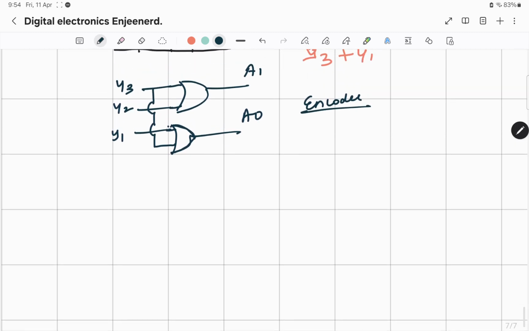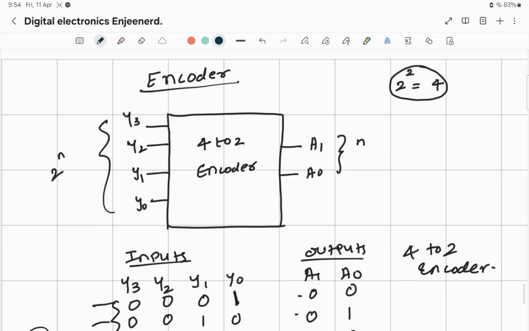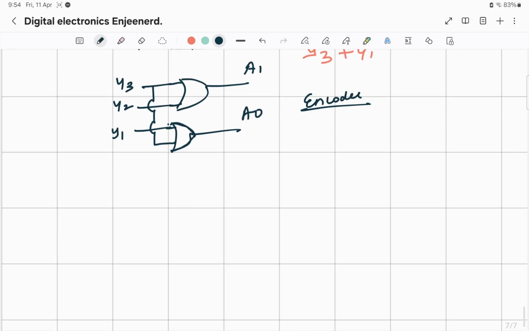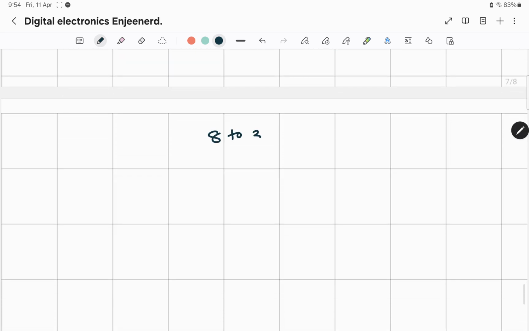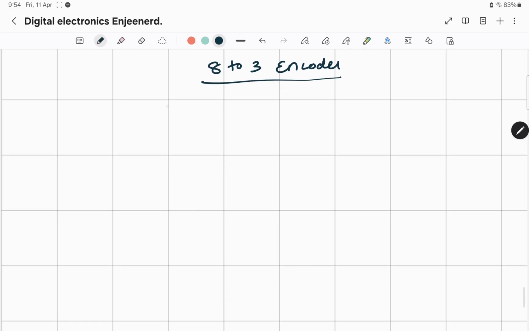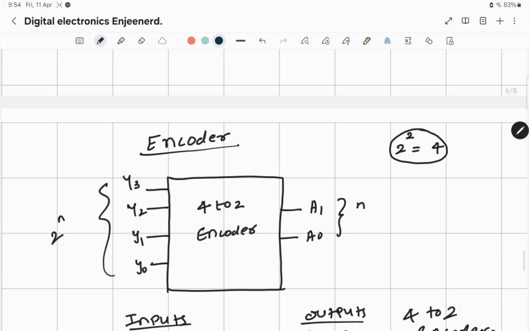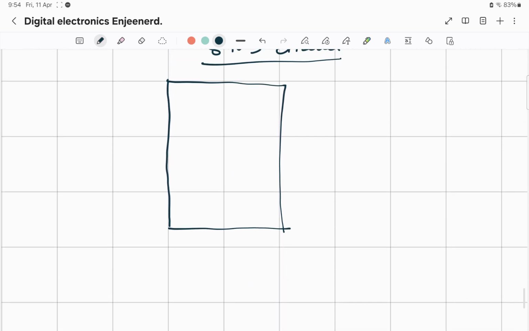Similarly, you can do for an extended version, say 4:2, you can do 8:3 also. So an 8:3 encoder will be something like this. I will have 8 inputs, y7, y6 up to y0, which are 8 inputs, and 3 outputs, a0, a1 and a2.